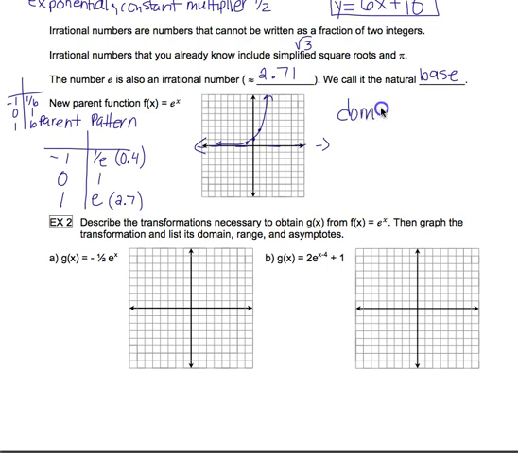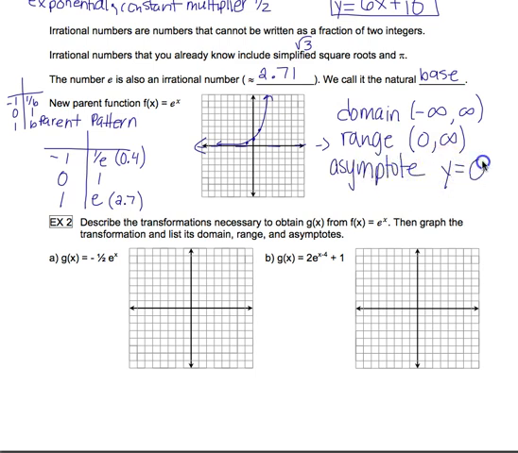So just like all the other exponentials, our domain is -infinity to infinity. Our range on the parent, just like the other exponentials, goes from 0 to infinity, not including 0. And we have our asymptote at y equals 0.